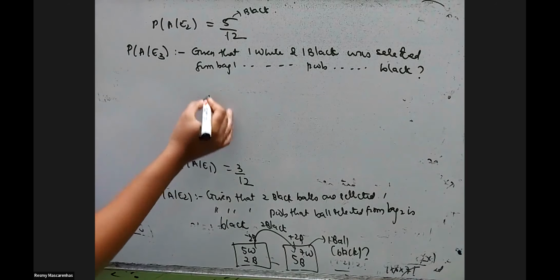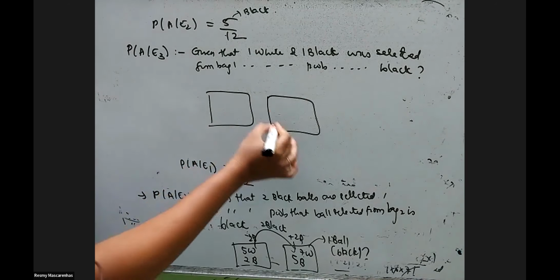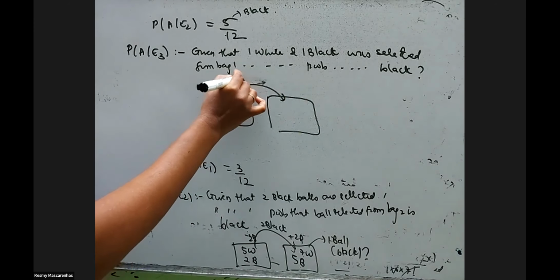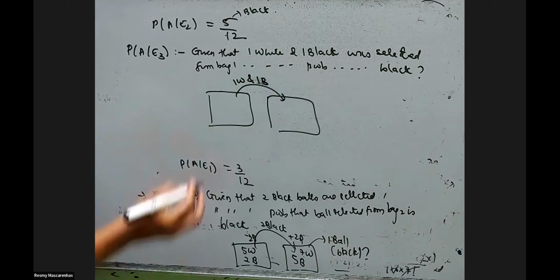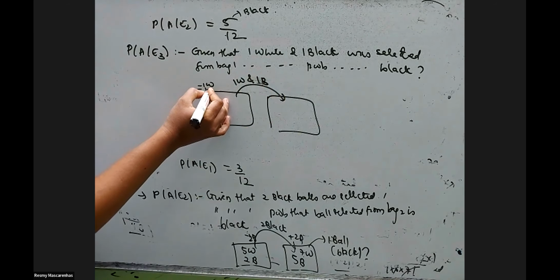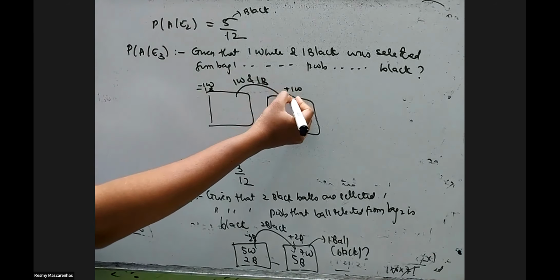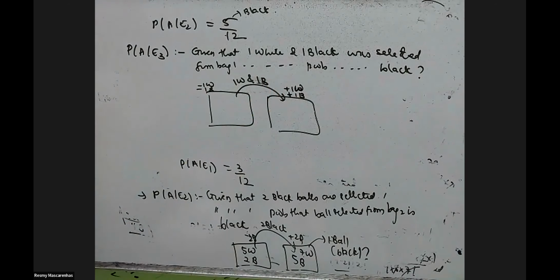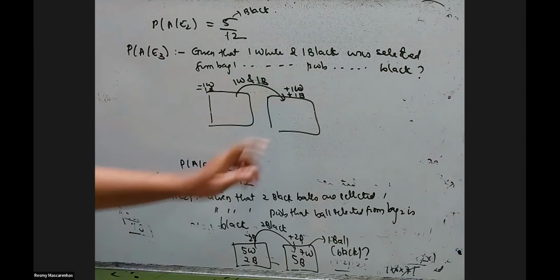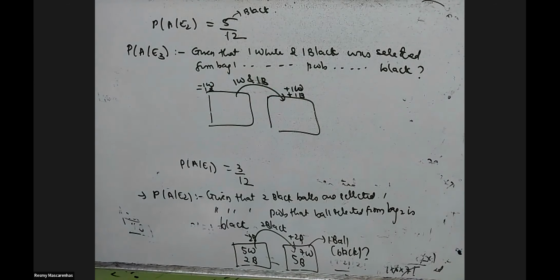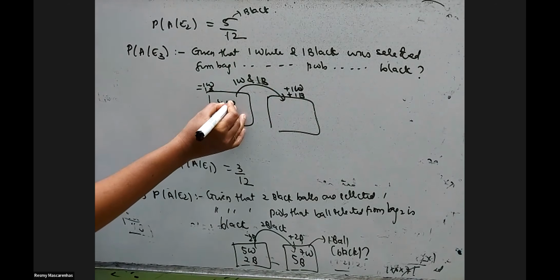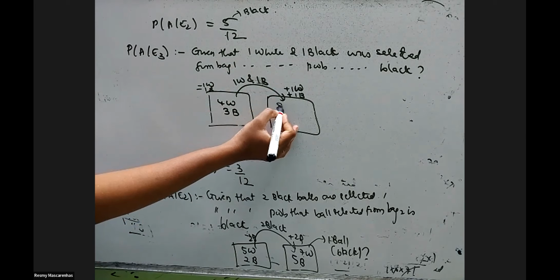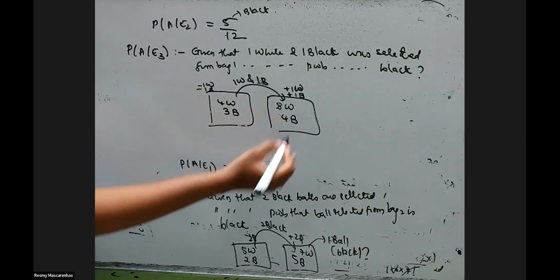And then the two boxes. So now one white, and one black is transferred. So minus one white, minus one black, plus one white, plus one black. From here, one will reduce. You have to add. So this will be 4 white remaining and 3 black remaining. Here, if you add, they will become 8 white and 4 black.